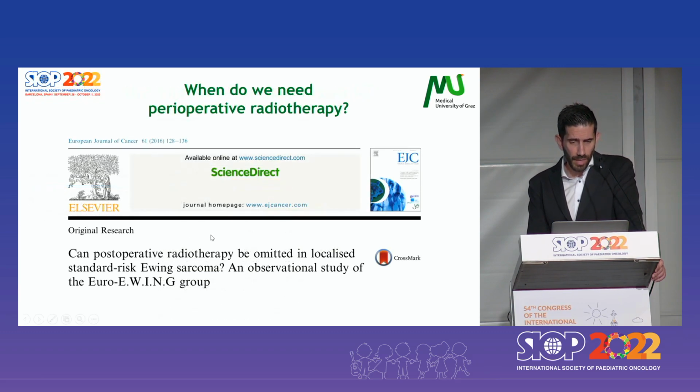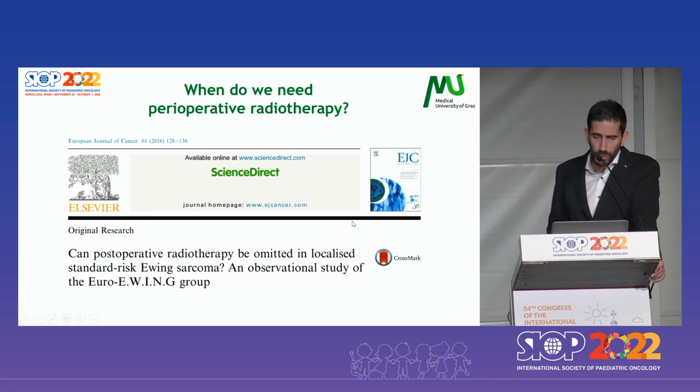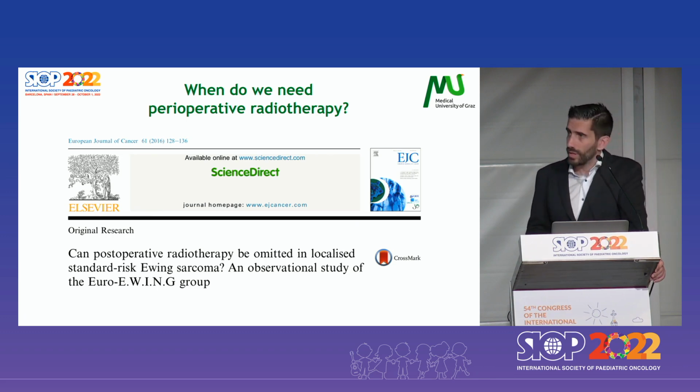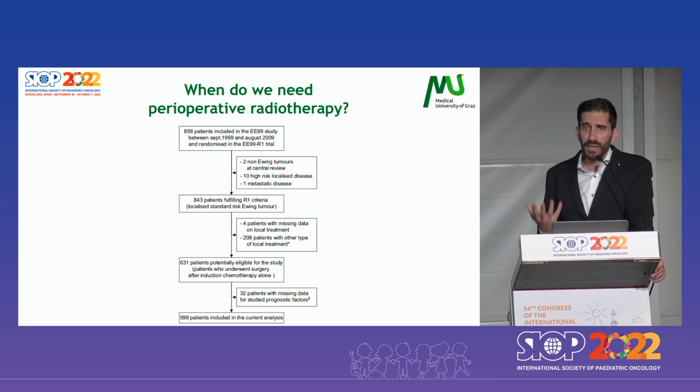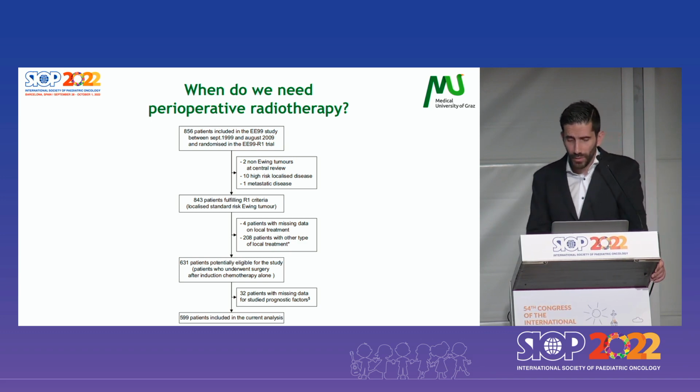And another very interesting paper on the role of perioperative radiotherapy was also published based on the data of the Euro-Ewing 99 study, including 599 patients who all had standard risk Ewing sarcomas undergoing surgery after chemotherapy and having a good histological response to neoadjuvant chemotherapy. So patients where we would usually say these patients are not the typical candidates for postoperative radiotherapy.